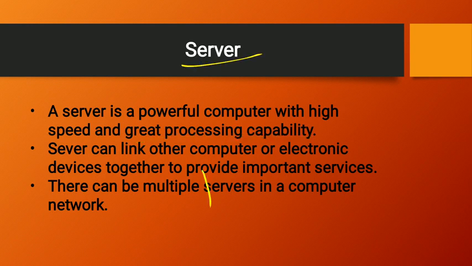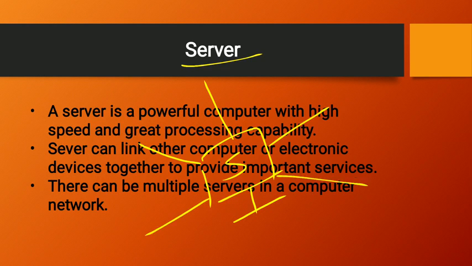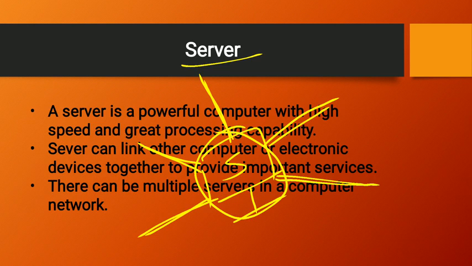As I have told you, this is a server, which is also a computer, connected with some different clients. So all the data that you save in this server, you can easily access from the different computers very fast. Suppose all the data regarding the students' reports is saved in this server.